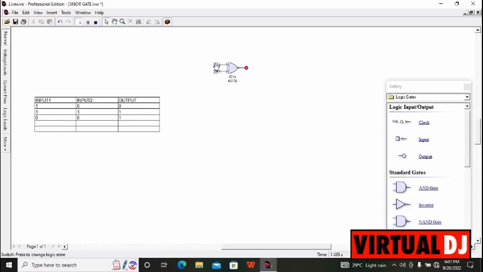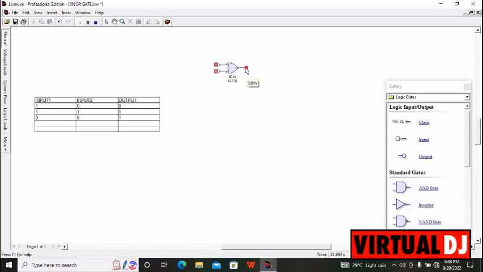Now input 1 is on, input 2 is off, and we're having 0. On a normal OR gate, 1 plus 0 is supposed to give us 1. Because of the NOT symbol here, we're still going to have 0.